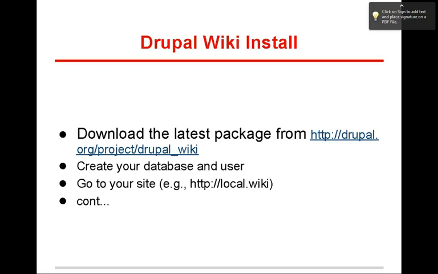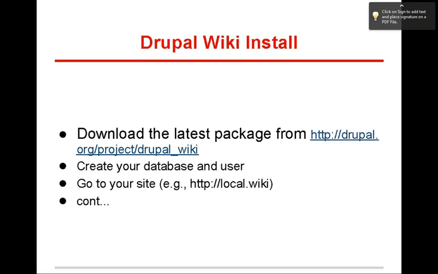Okay, so to get started with the Drupal wiki, you just download the latest package, create your database and user, which you probably did in the workshop, and then go to your site to start through the installation process. And if you're familiar with Drupal, just going through the standard installation process, it's called an install profile.